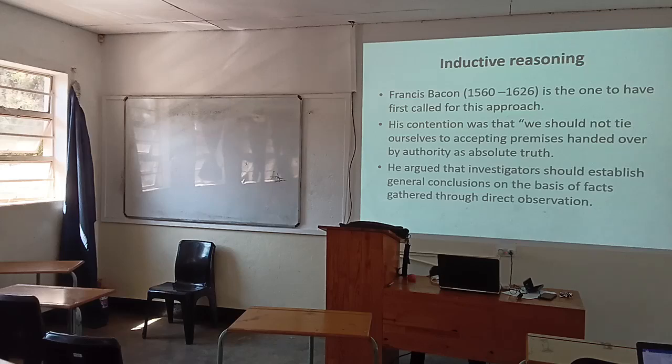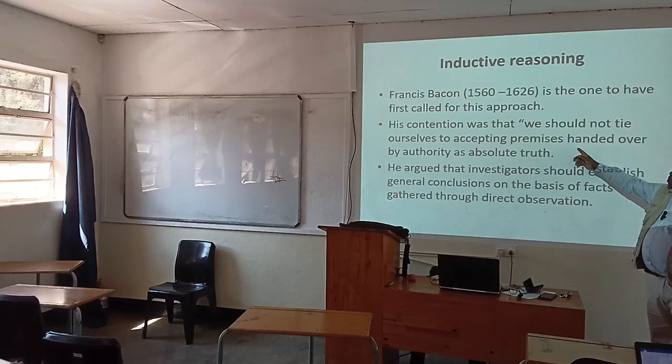We should not tie ourselves to accepting premises handed over by authority as absolute truth. And the last time I was saying, not only authority, experience is another source of knowledge. Tradition is another source of knowledge. Those sources of knowledge can give us facts. But whether those facts are correct or not is a question.